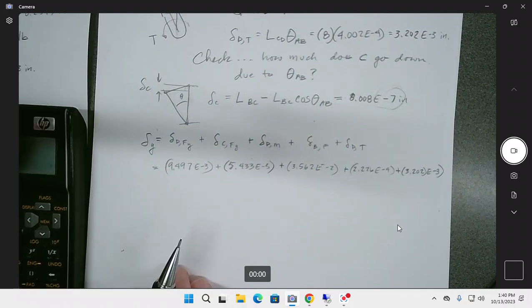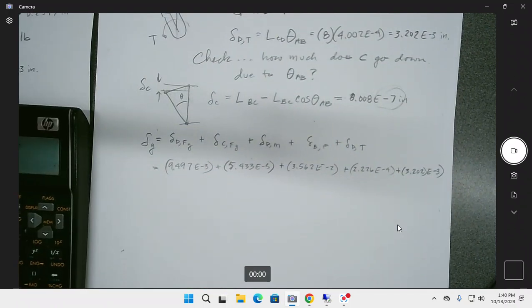Calculator fodder here. 9.497 E minus 3, boom, plus 5.433 E minus 5, plus 3.562 E minus 2, plus 2.226 E minus 4, plus 3.202 E minus 3.